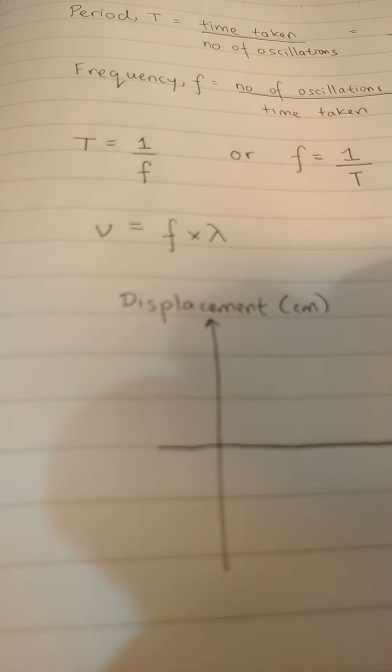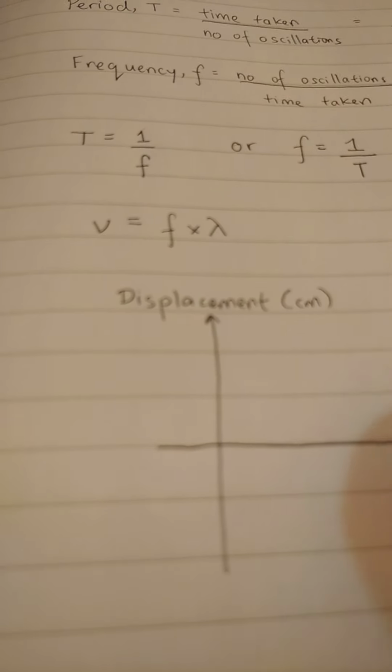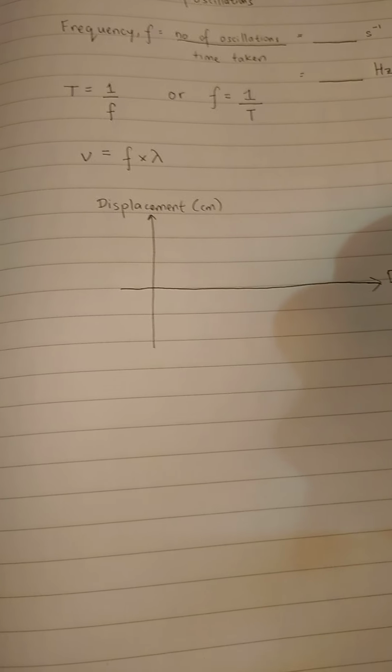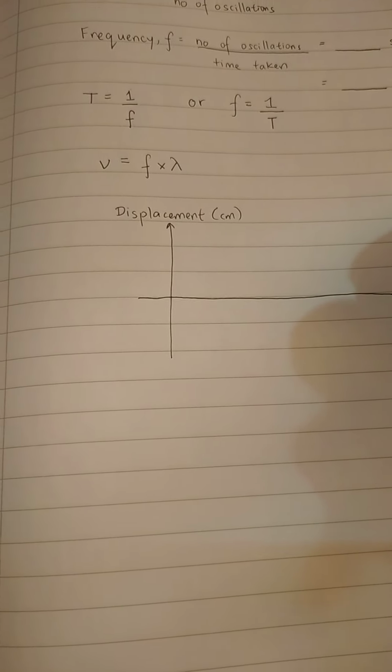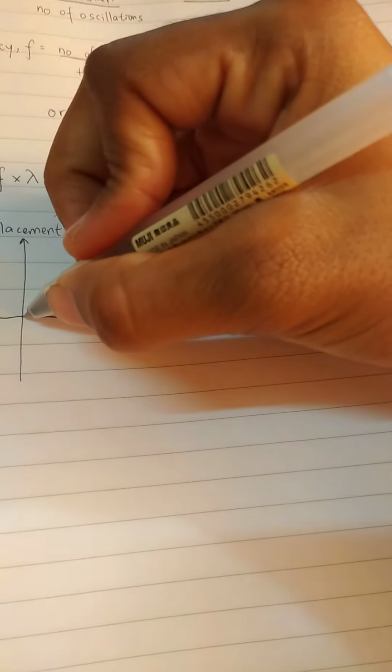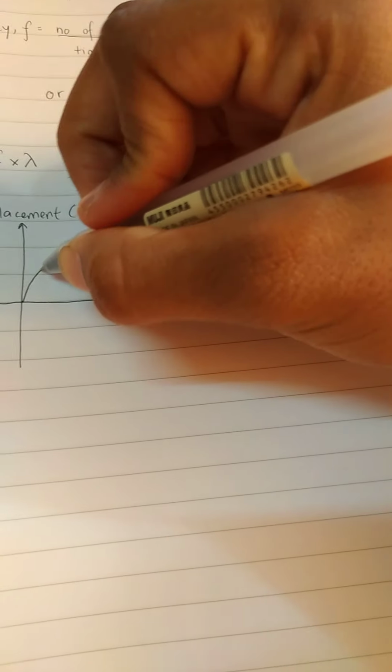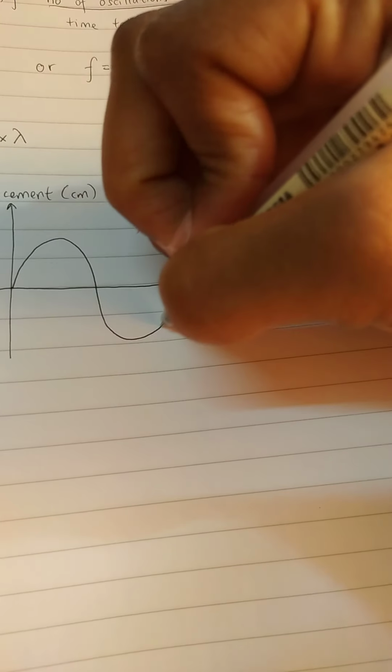And if it's a graph, you can only find out from a displacement distance graph. Okay, displacement distance graph is where you see, for example, I'm going to draw one complete wave cycle here.